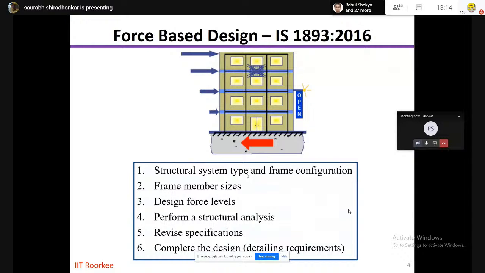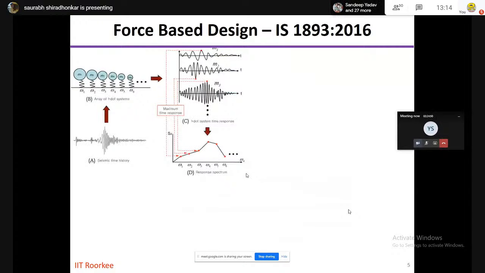So if you need to understand the philosophy of force-based design, which came first after the Second World War, what essentially was done is that we don't know the earthquake load characteristics that are coming onto the structure. Because of that, the entire building is idealized as a single degree of freedom system.